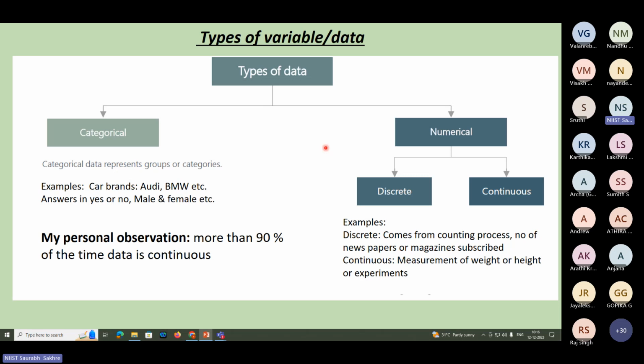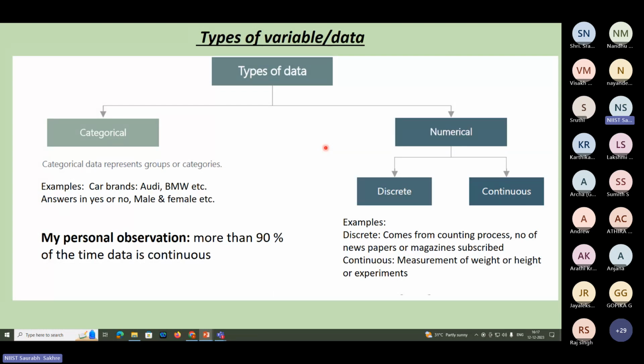In the last batches which I taught, many of them told me afterward that after this class only did they realize what type of data they were generating in their experiments. They were simply doing experiments and generating data. They had even published papers. But the deeper insights they only came to know when they did some introspection about what kind of data they were generating.